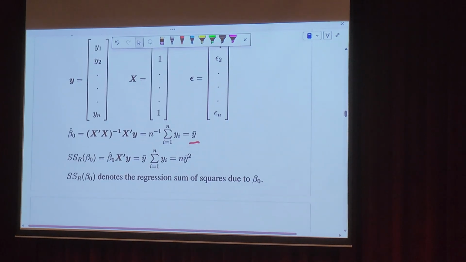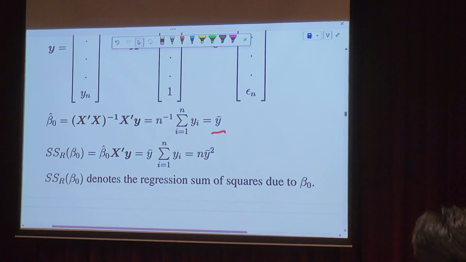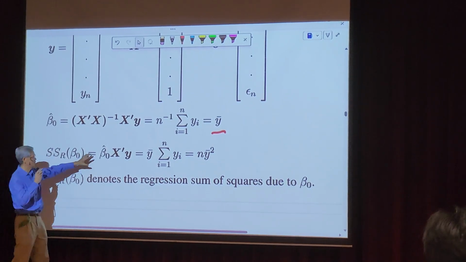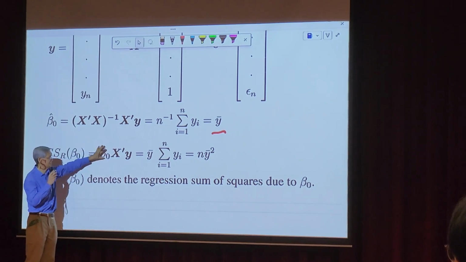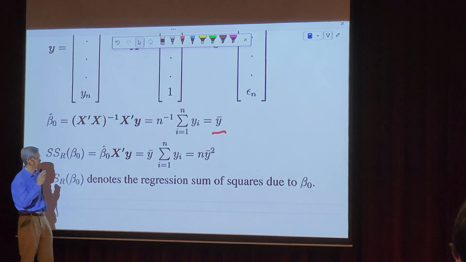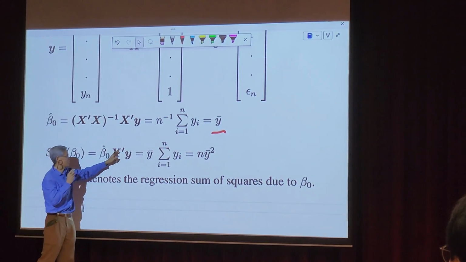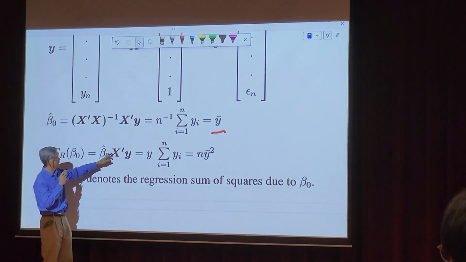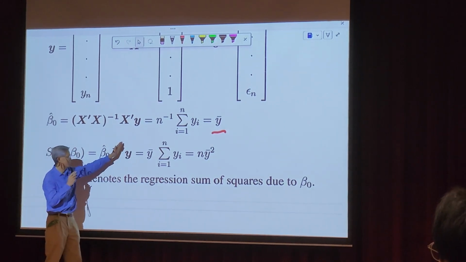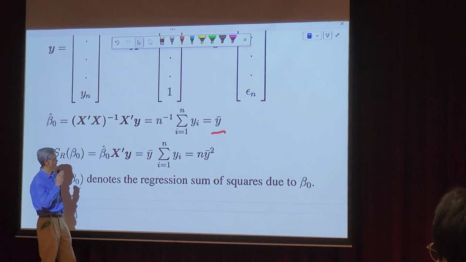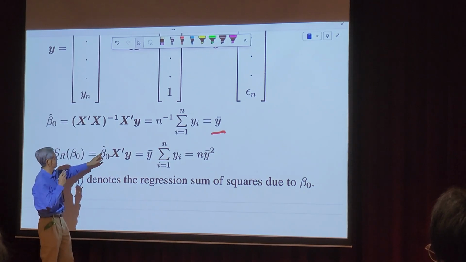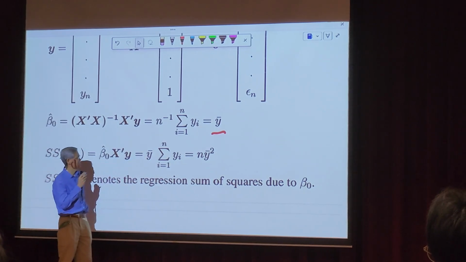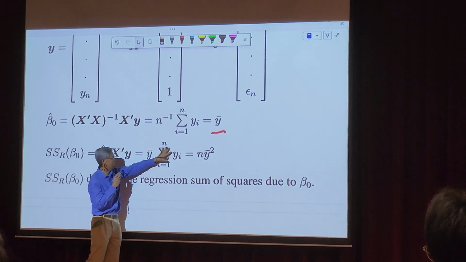So what is SSR beta naught? According to what we know, it is beta transpose, but this is a scalar, I don't need to put a transpose, times X transpose y. X is a vector of 1. Vector of 1 times vector of y is just the sum. And beta naught is y bar, so this is n y bar.